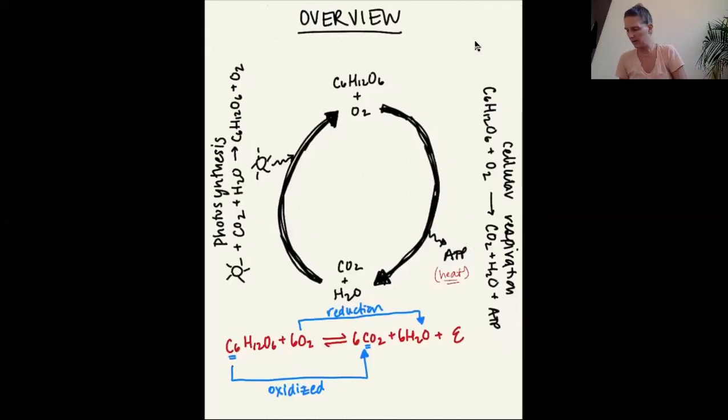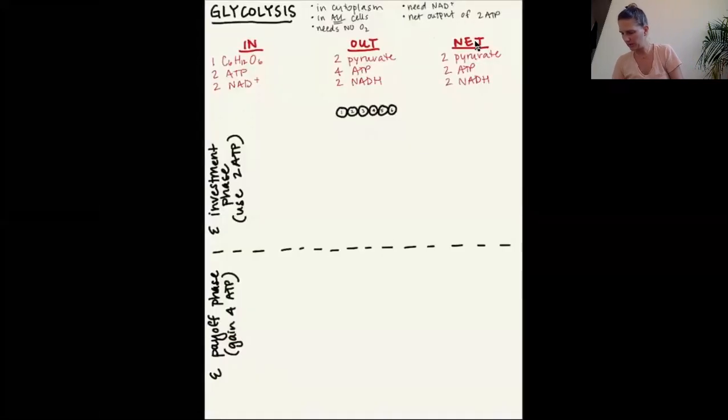Okay, so I'm going to get a new page because I already did this, so I apologize. All right, so we're just doing the front page of this trifold, which is all about the cellular respiration overview.